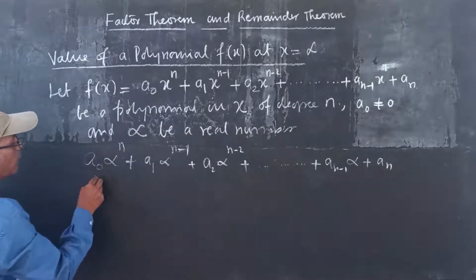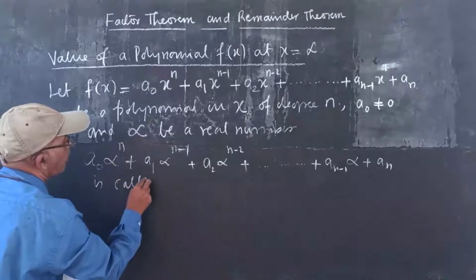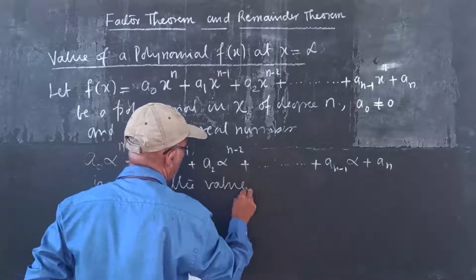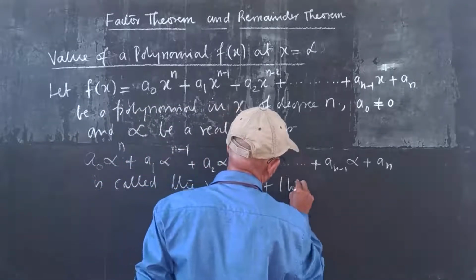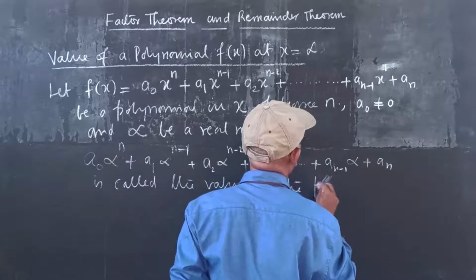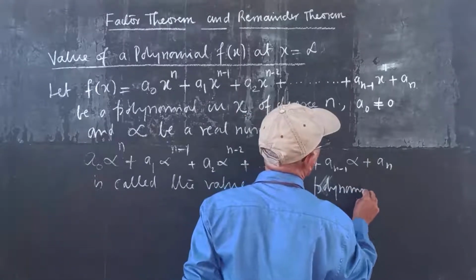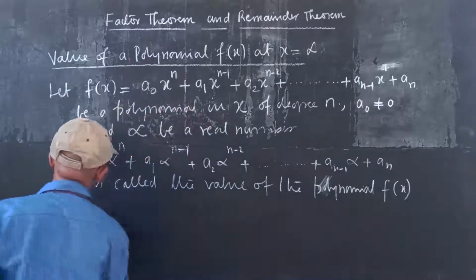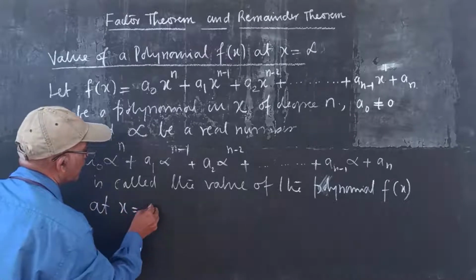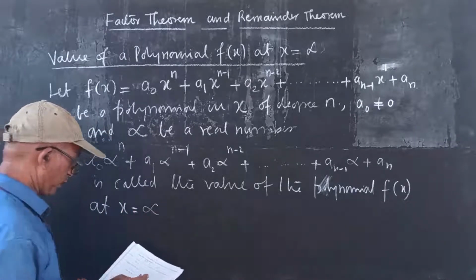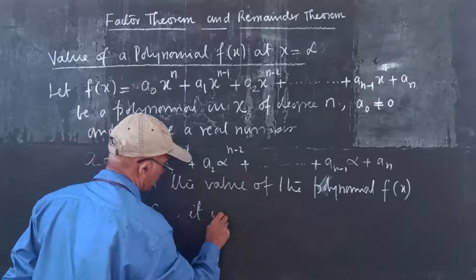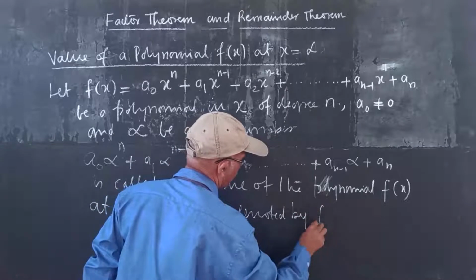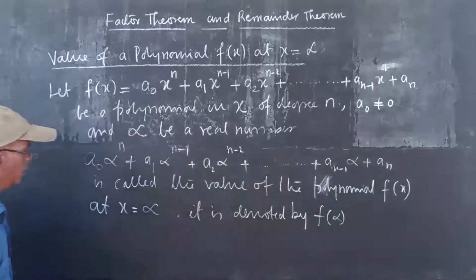This is called the value of the polynomial f(x) at x is equal to alpha, a real number. It is denoted by f of alpha.